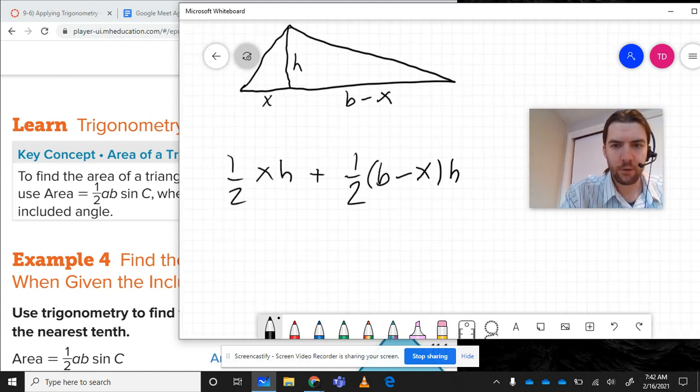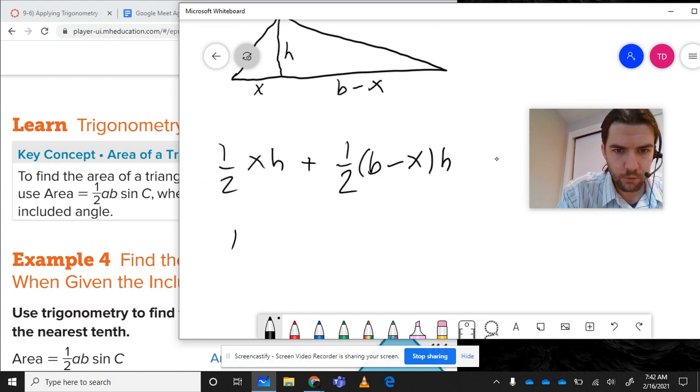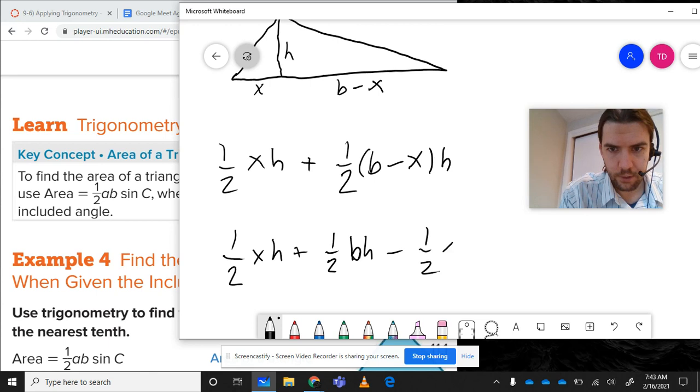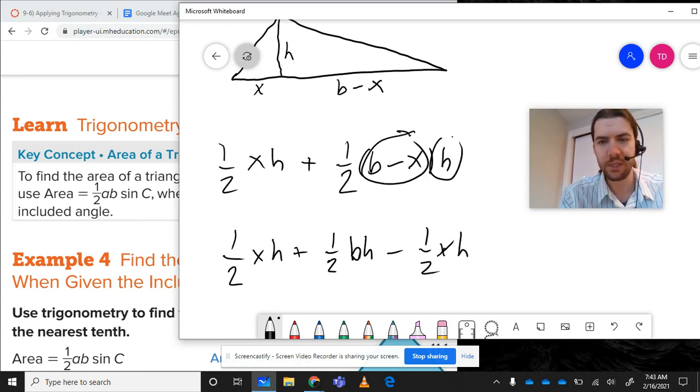And if we go through this, which we can real quick, won't take too long, we get 1/2 xh plus 1/2 bh minus 1/2 xh. Right? I'm distributing this b minus x, or b minus x is being multiplied by h, so we get bh and we get minus xh.